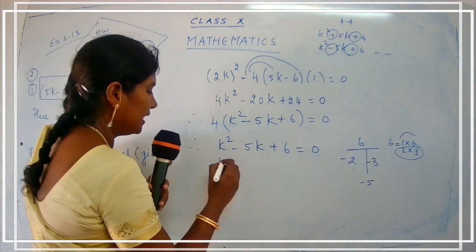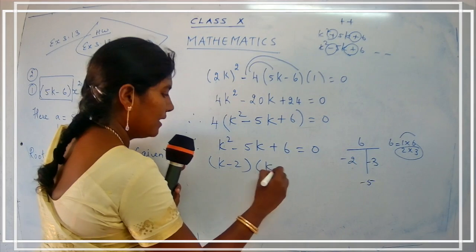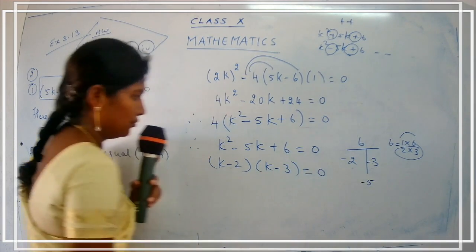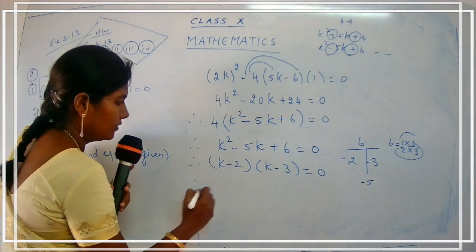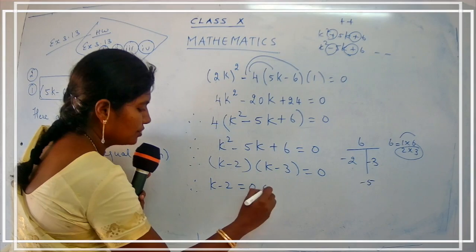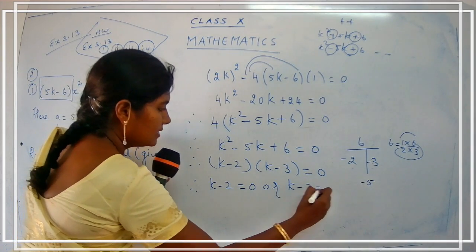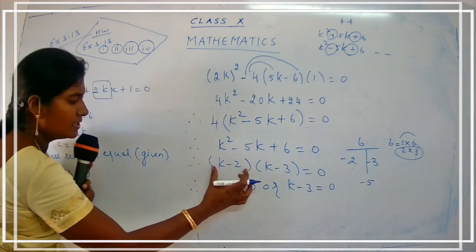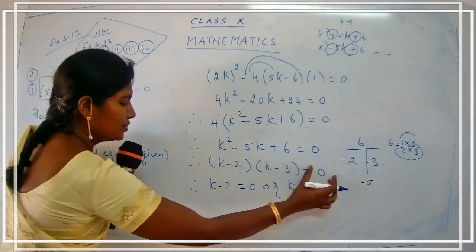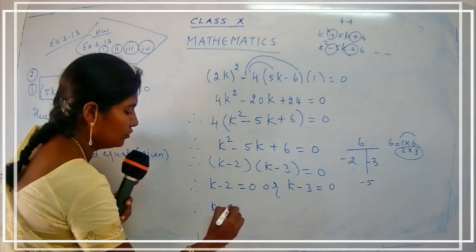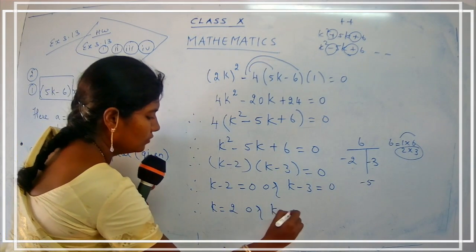So what you get here is k minus 2, k minus 3 is equal to 0. Therefore, k minus 2 is equal to 0 or k minus 3 is equal to 0. We have to equate this to 0 and this to 0. Therefore, k is equal to 2 or k is equal to 3.